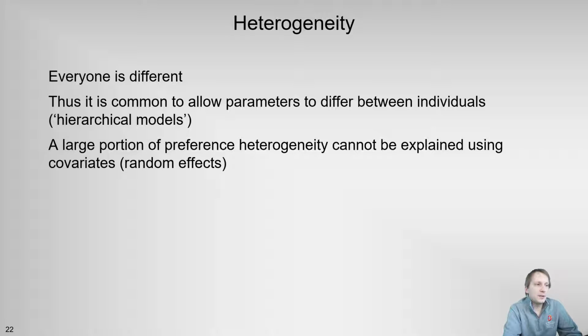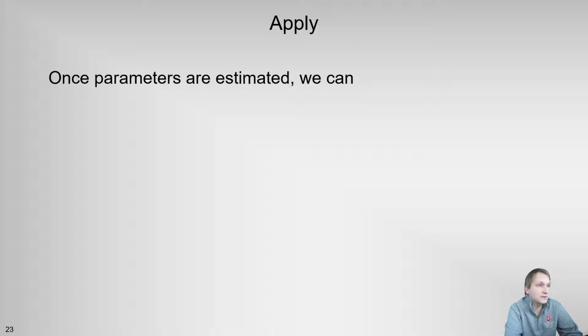The large portion of preference heterogeneity cannot be explained, and that's why we want to allow for this so-called random effect, this distribution that explains that everybody has their own set of preferences. There's a certain amount of variance in preferences there, and we don't even try to explain that. Part of that variance, that heterogeneity, can be explained, but the largest part typically cannot be explained. It's just that everybody has different tastes.